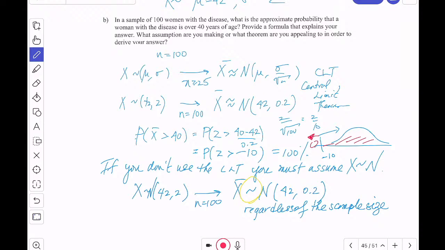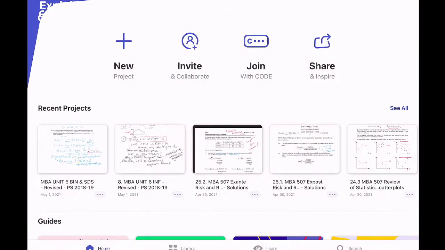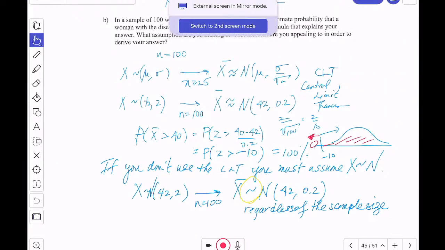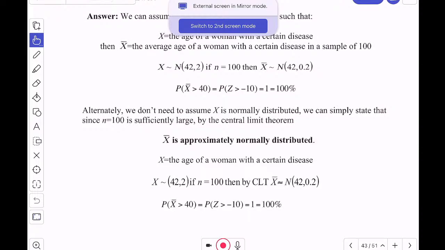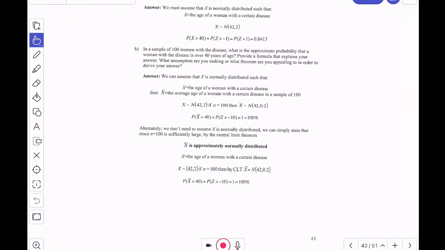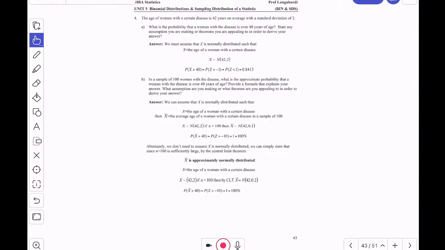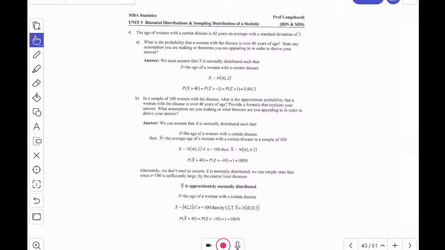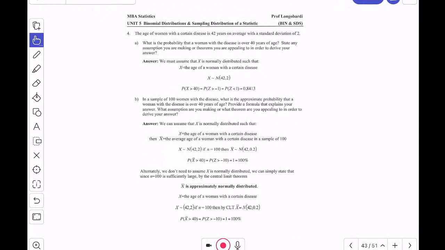Okay, so the last one, is there another one? Is there another part? No. That's it. So I like this because it puts everything together on one page. It looks kind of confusing, but it's only 2 results.